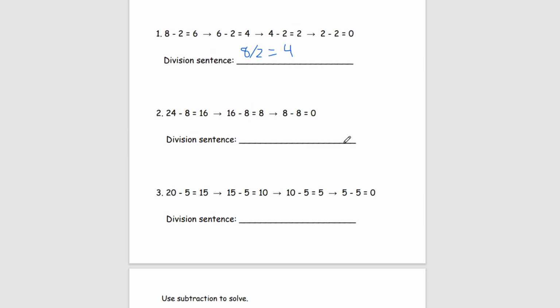For number 2, we have the same thing, but this time we have 24 minus 8, and we see it's subtracted 3 times. So that tells us that our equation for this one is going to be 24 divided by 8 is equal to 3, because it takes 3 times for it to become 0. Lastly, for number 3, we have 20 minus 5, and we see that it goes 1, 2, 3, 4 times. So that tells us that our division sentence is going to be 20 divided by 5 equals 4.